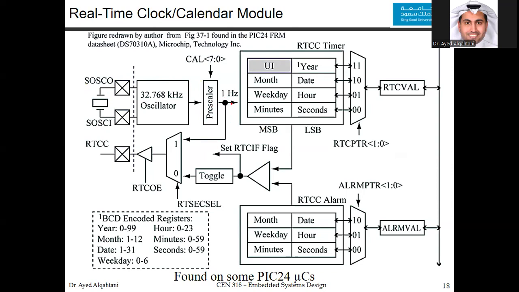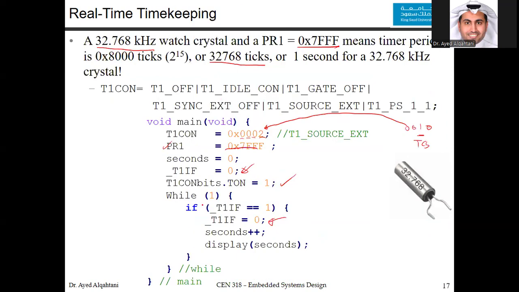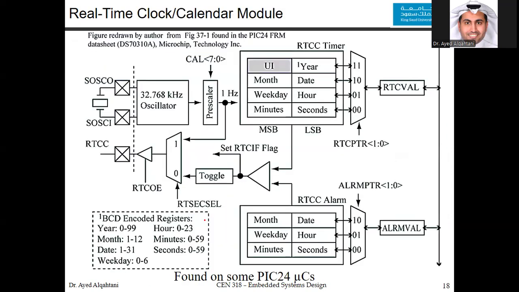And you can accumulate these seconds and put them in a structure with seconds, minutes, hour, weekday, date, month, year, and so on. And each one of them, you can figure out. It's very easy.